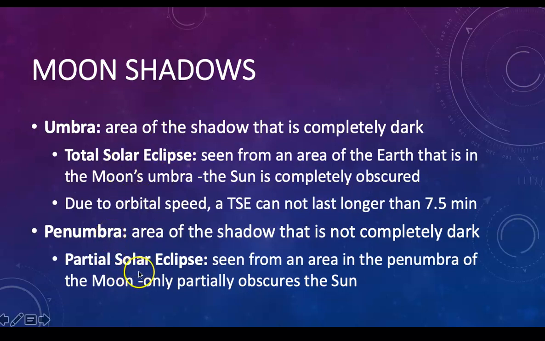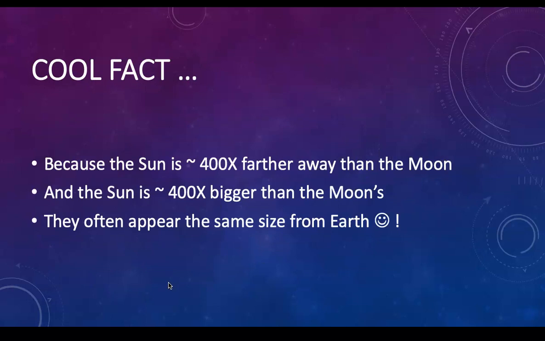Partial solar eclipses happen a good bit more commonly than total ones, because more people can see them. And the sun, as it implies, is only partially obscured. All right. This is cool. I like this a lot.